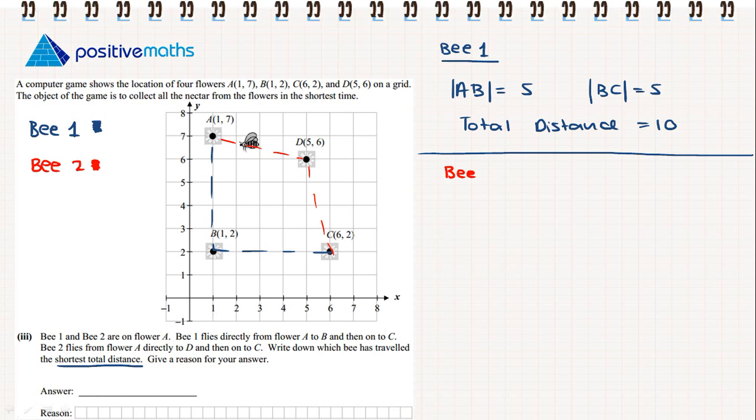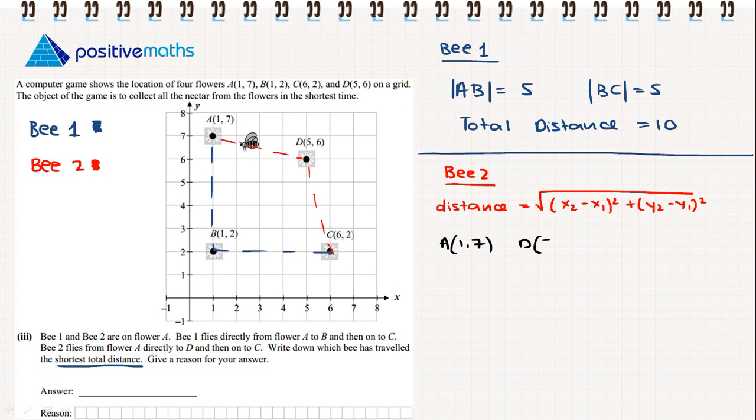In order to find the distances that B2 travels, we need to use another formula on page 18, which is our distance formula. The distance between 2 points is equal to the square root of (x2 minus x1) squared plus (y2 minus y1) squared. The first distance we're going to find is the distance from A to D. So we're going to write out our points.